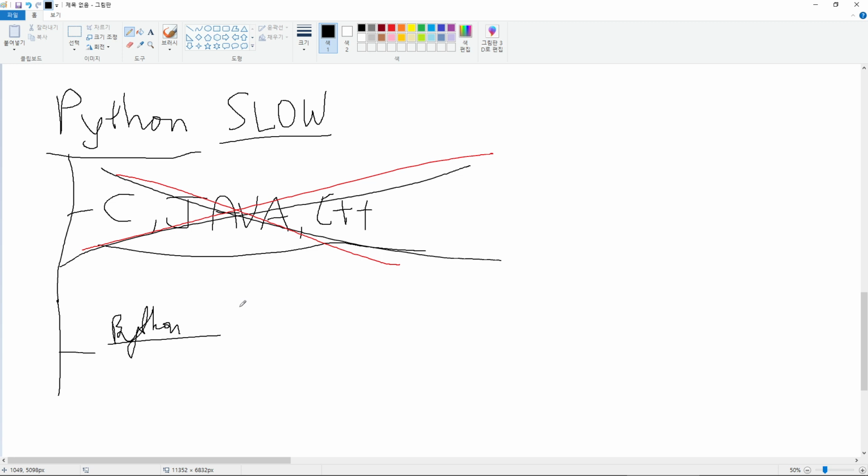Another option is to keep using Python but find a way to utilize GPU. If I wanted to use GPU, I'd probably have to use PyTorch, or what was that other one?